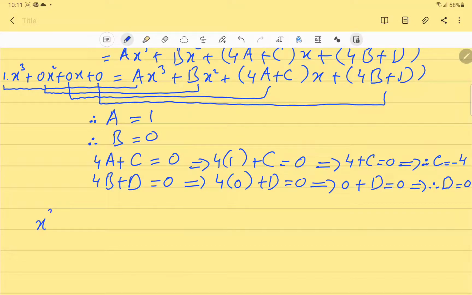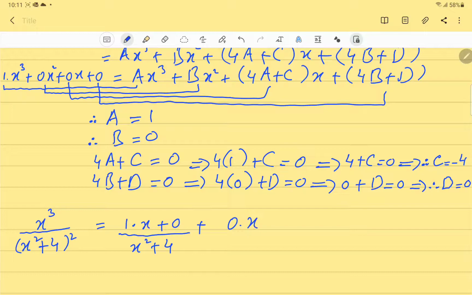So x cubed over x squared plus 4 squared is equal to a is 1 into x, b is 0 over x squared plus 4, plus c is 0, so 0x, and d is 1x plus c is minus 4.